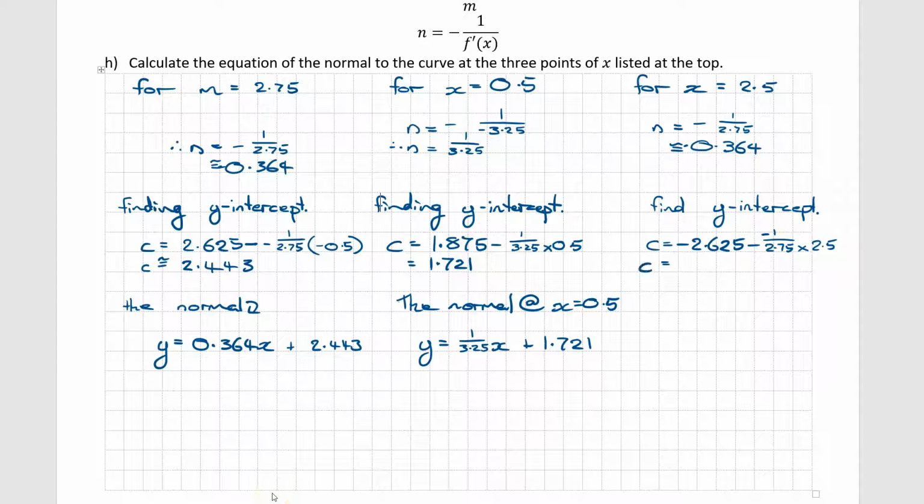It comes out to be negative 1.716, and therefore the normal at x equals 2.5 comes out to be y equals negative 1 over 2.75 x minus 1.716. Alright, flipping back.